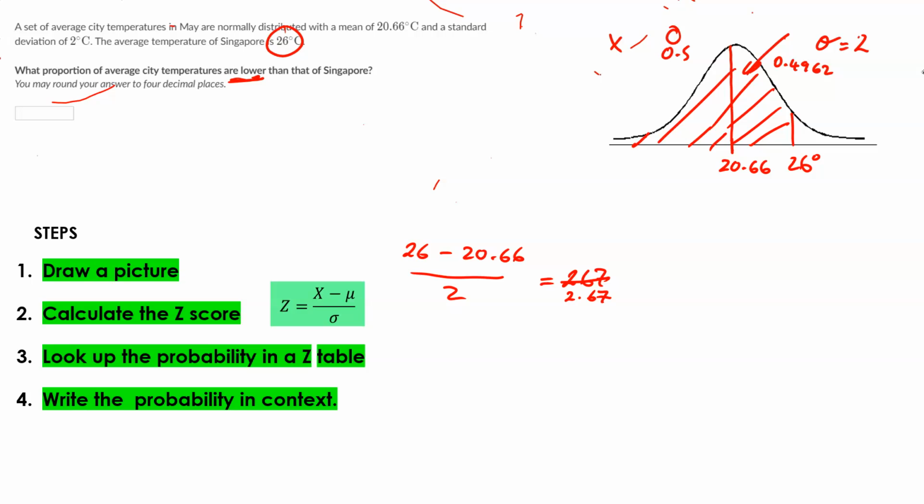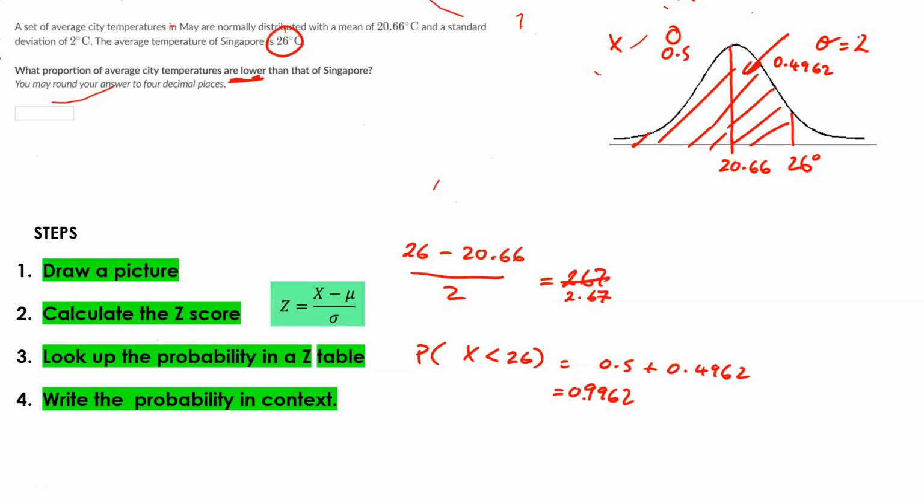Now that we've got 0.4962 for that area, we have to work out the probability that x is less than 26. That is going to be our 0.5, or half the data, plus 0.4962, which equals 0.9962.